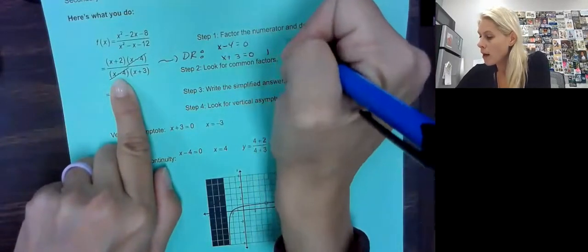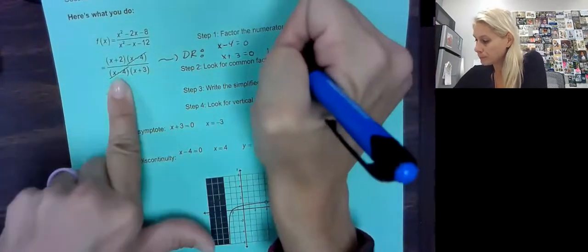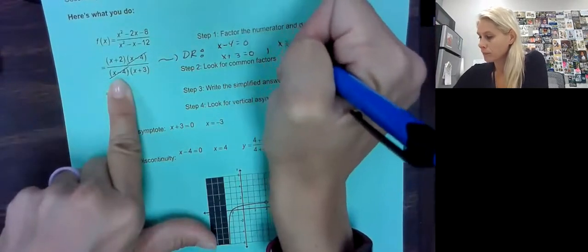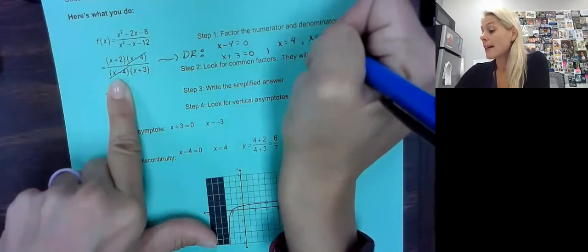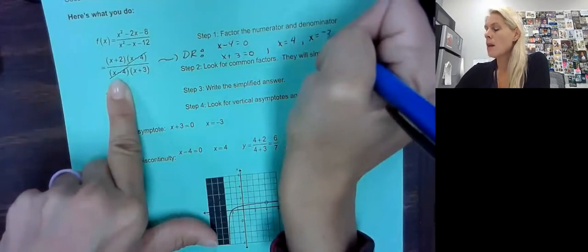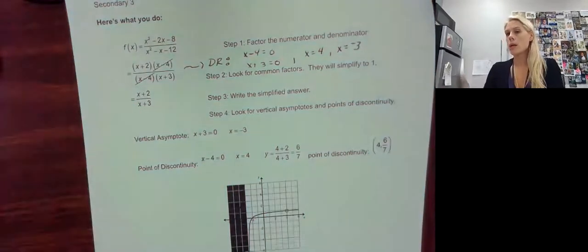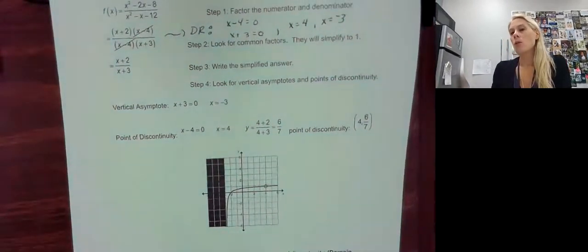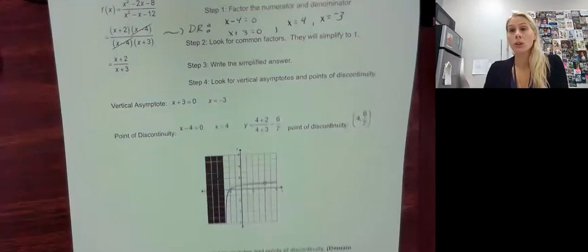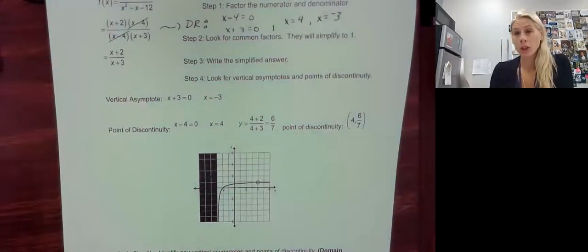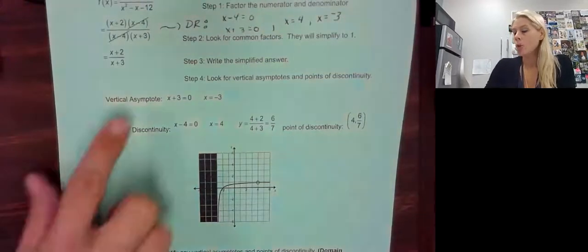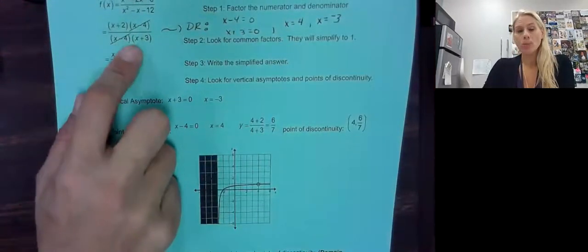We have 4 and -3, sorry. And right now, like I said, we're not going to identify those as vertical asymptotes or points of discontinuity. I just want you guys to know there's a restriction. It can't happen, right? We cannot divide by 0.